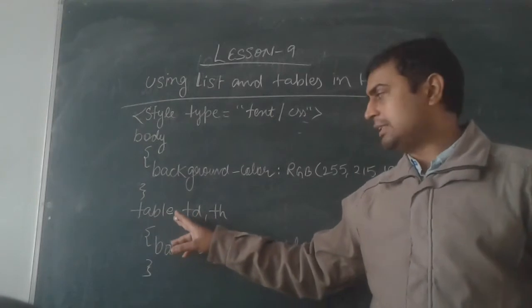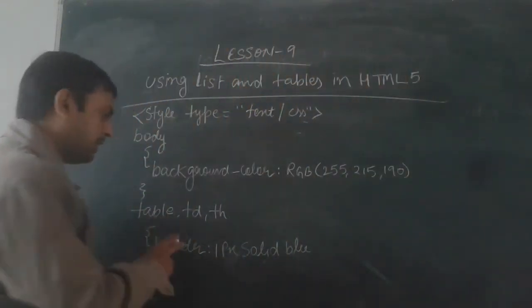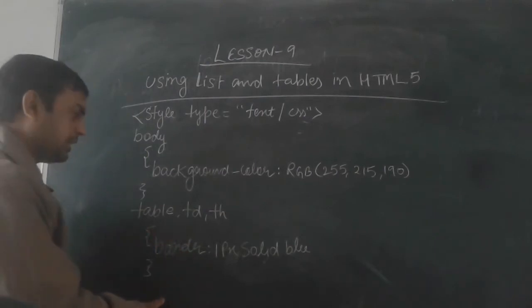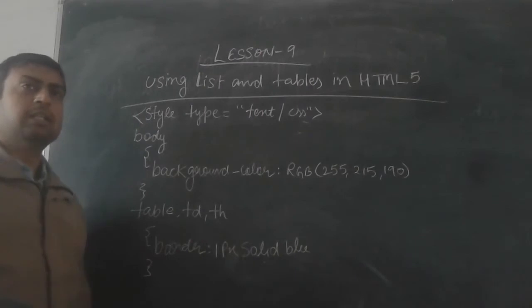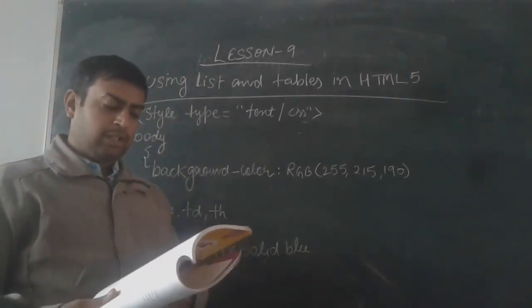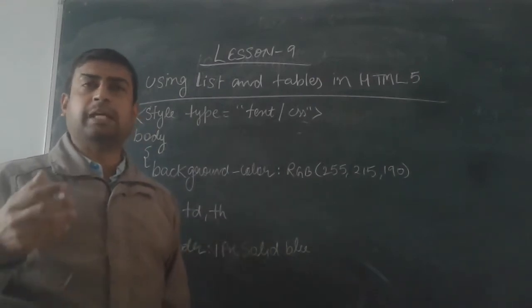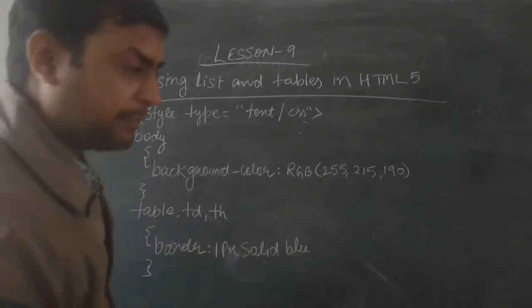If you want to write it separately, you can, it is very easy: table you can write border, then separately TD, then TH, then the same property. But this will take space. This is the space consuming method. So if you want to apply width in table, I am erasing this.